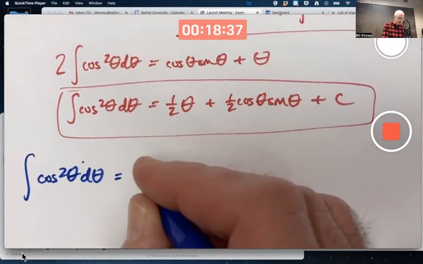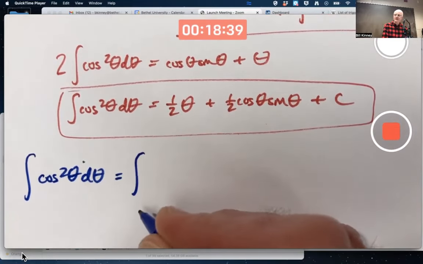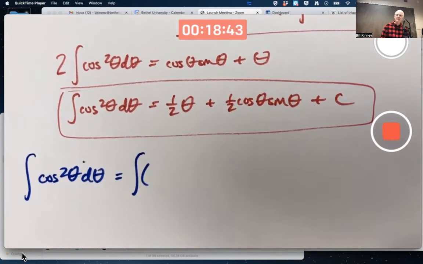It turns out to be better to use another trigonometric identity that most people don't take the time to remember, but I'm suggesting that from now on you try to remember this. Well, do I need to know it for the gateway? Again, I'm not going to give you this kind of problem on the gateway, though I could. It just hasn't been traditional for Bethel as a department to give this particular one on the gateway.